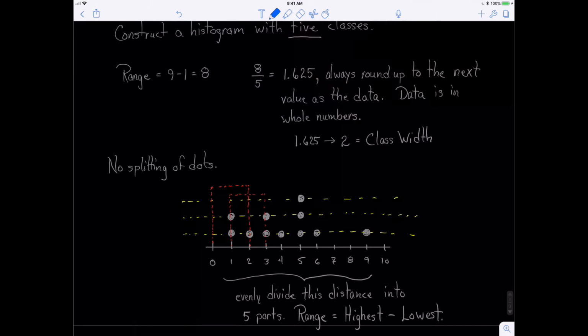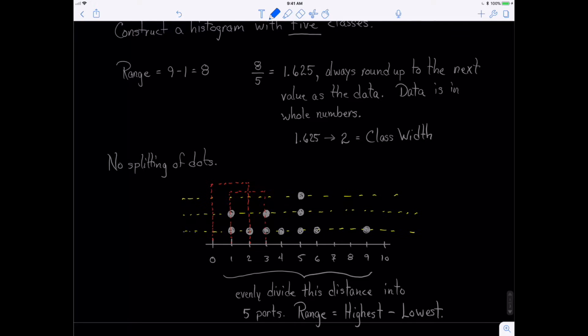So let's do this correctly, and here's what we do. We'll make our bins in blue, and we'll call them bins. Since our data is in whole numbers, like 0, 1, 2, 3, and so on, we just go right in between whole numbers. Not only that, we always begin just below the lowest data.